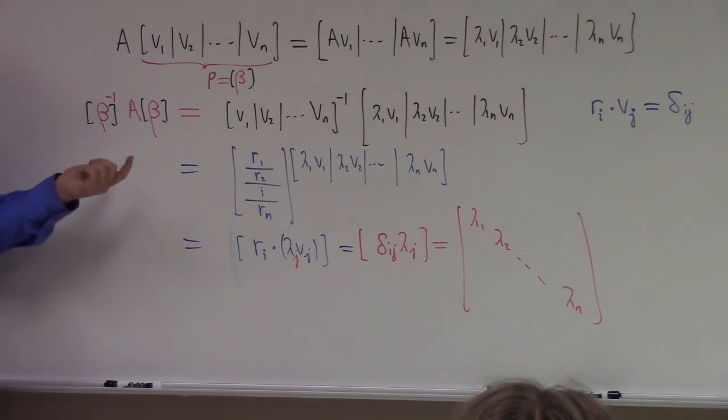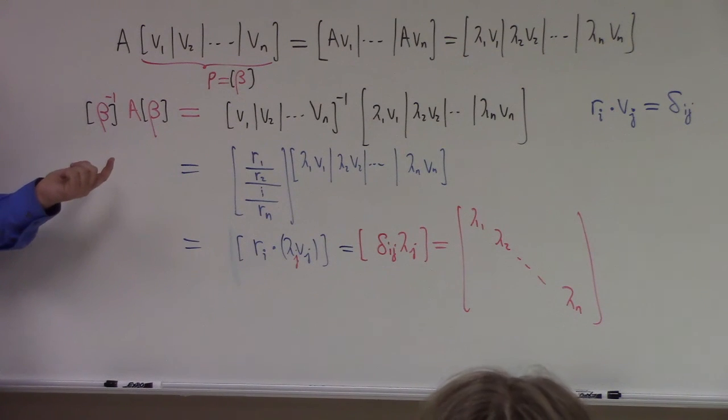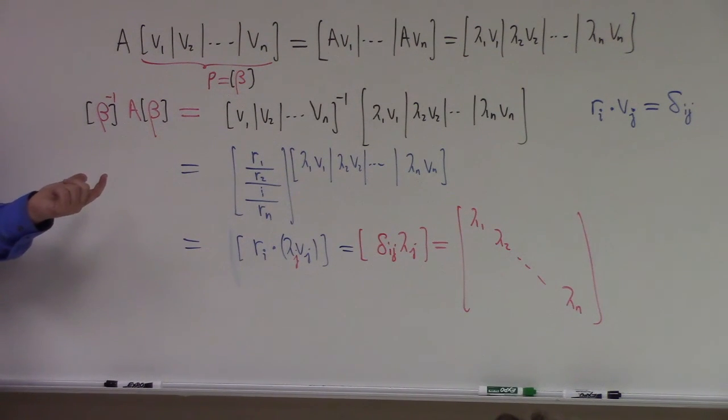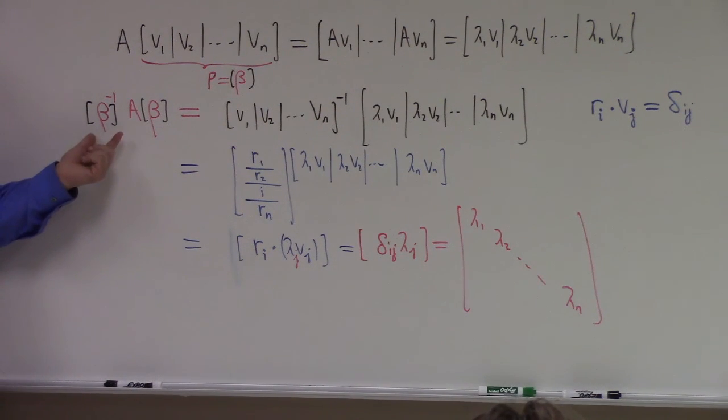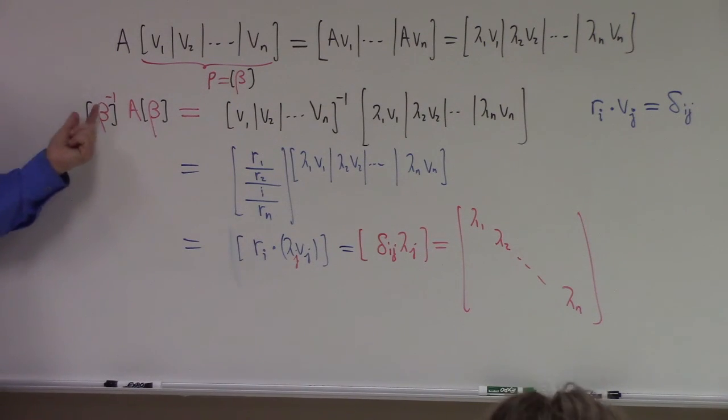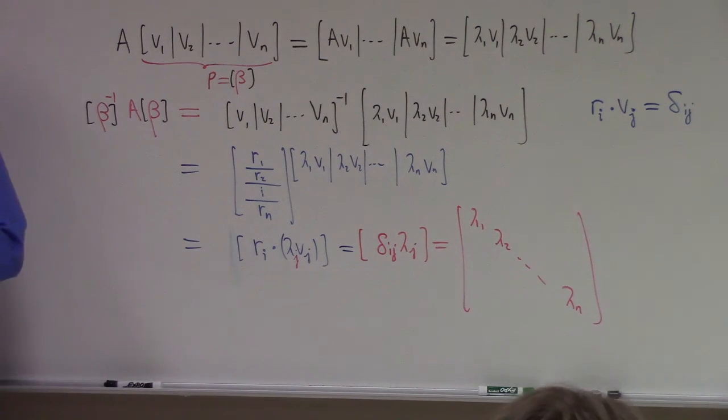This proof doesn't just show you that truth; it also shows you how to diagonalize it. How do you diagonalize the matrix? You take the eigenbasis and you similarity transform by that eigenbasis: the eigenbasis inverse A eigenbasis diagonalizes the matrix.